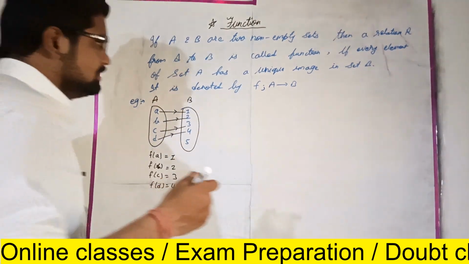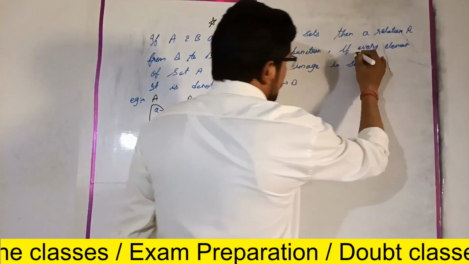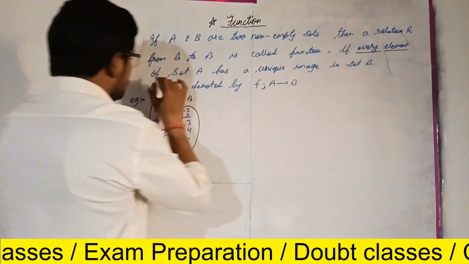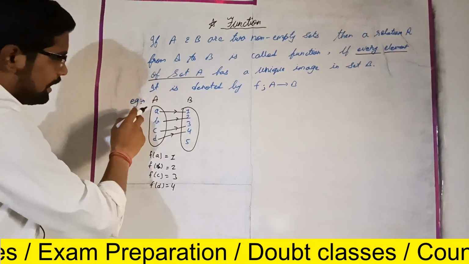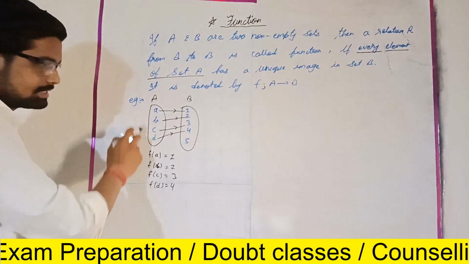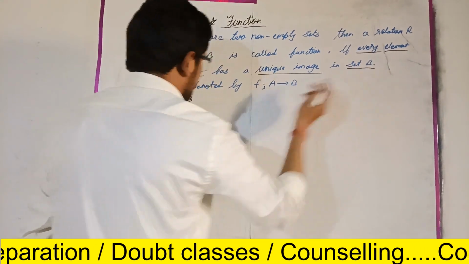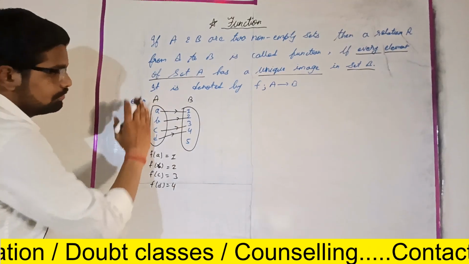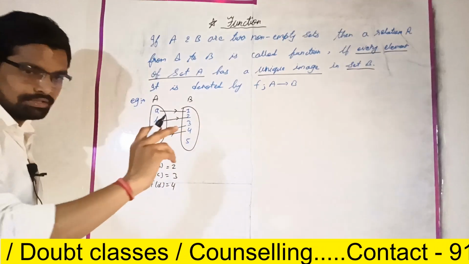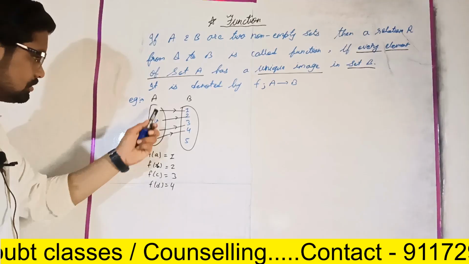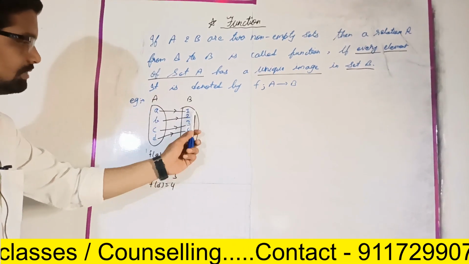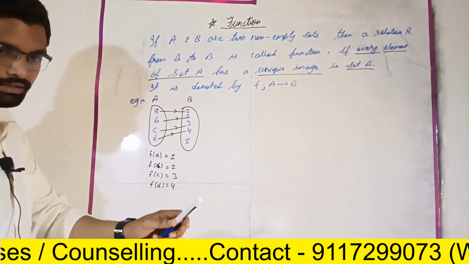As it said that every element of set A has a unique image in set B. See here, all elements of set A have a unique image in set B, right?